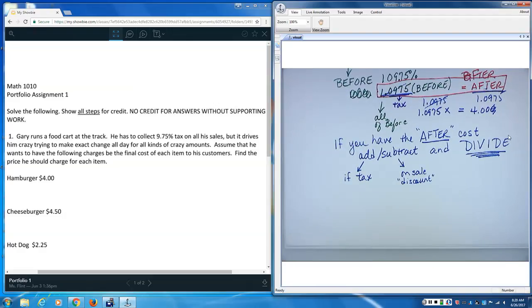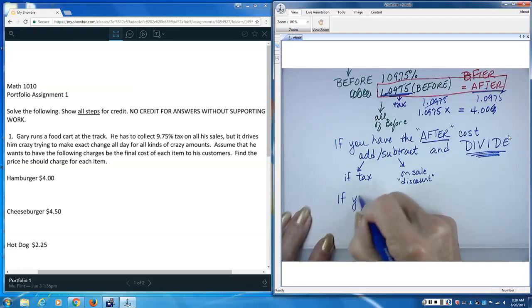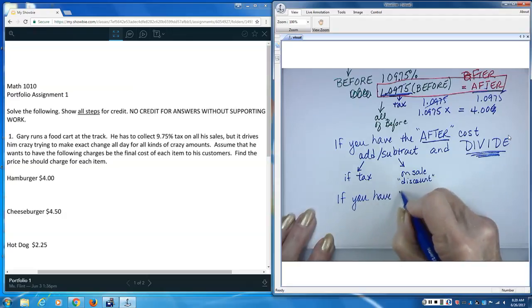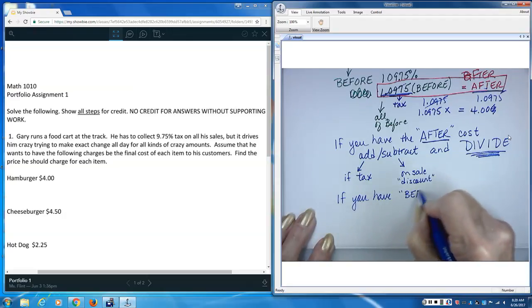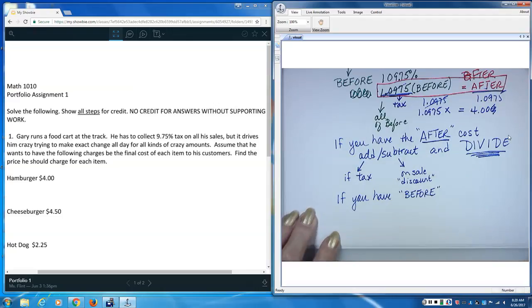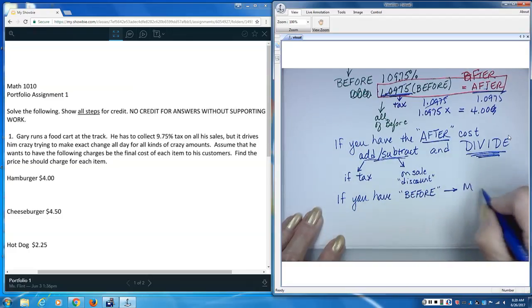Now, if you actually have the before, and none of these on this portfolio, by the way, were the before, it was all after. If you were to have the before, you're going to do the same addition subtraction thing here, but then you're going to multiply.